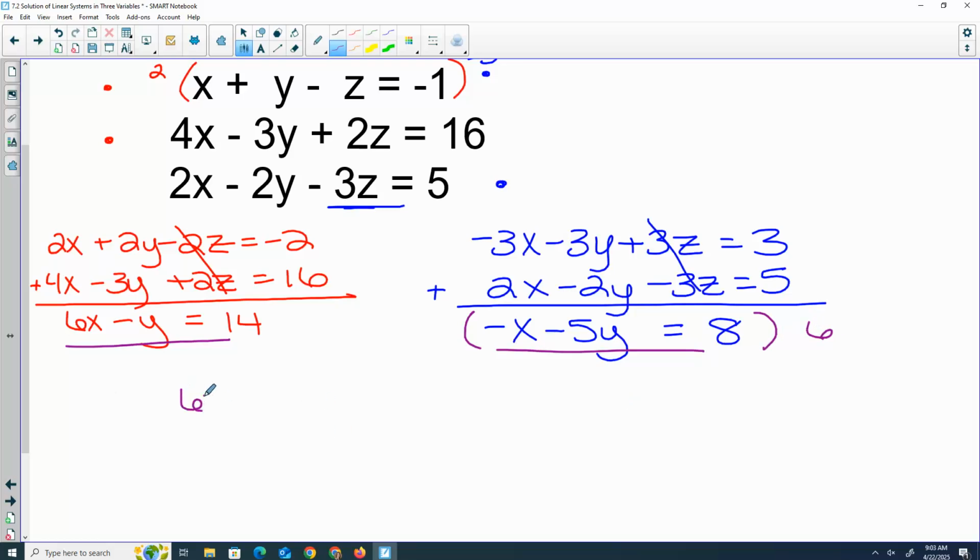So my first equation didn't change. My second one would be negative 6x minus 30y equals 48.